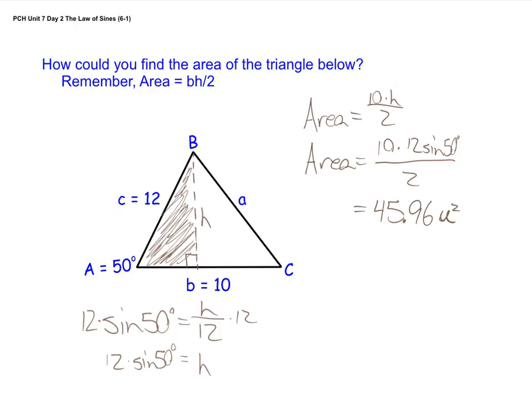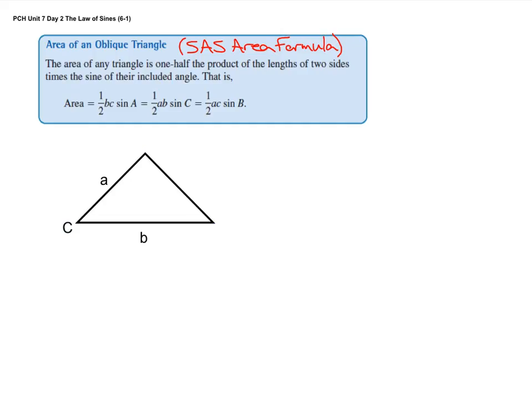We were given 2 sides and the angle between those 2 sides. In other words, side, angle, side. If we do that, we can use what I call, this isn't a formal name for it, the SAS Area Formula.